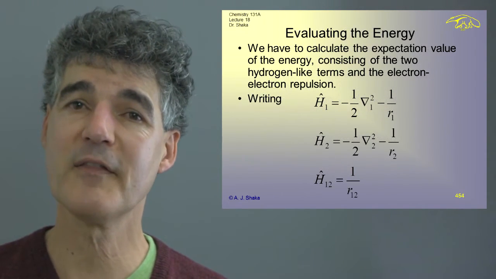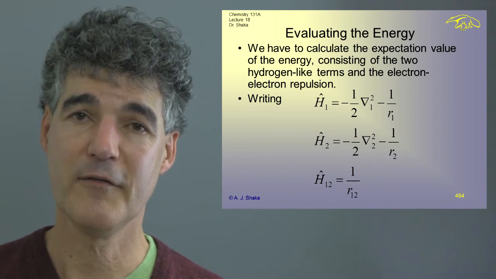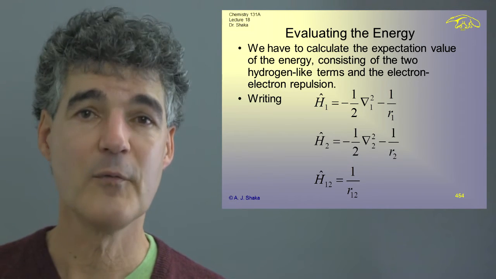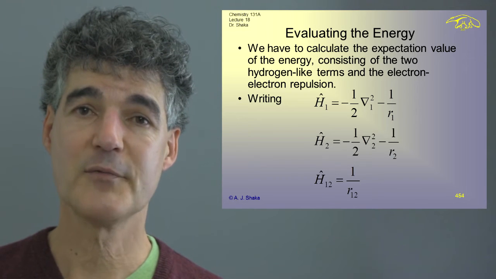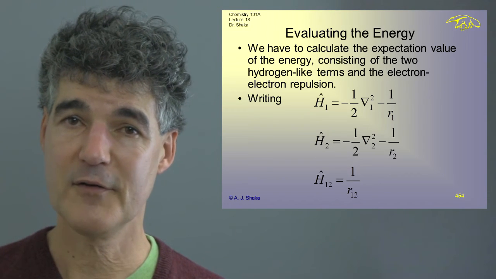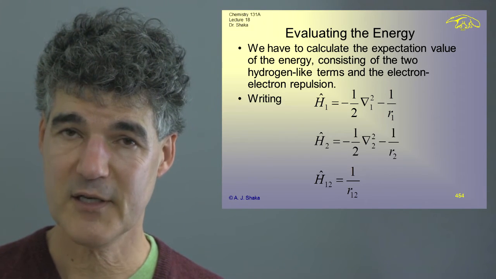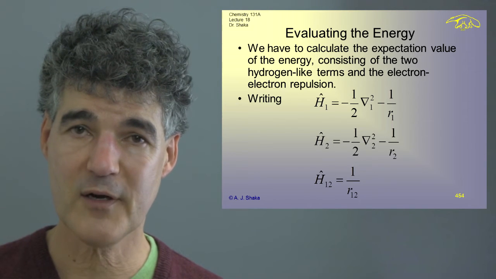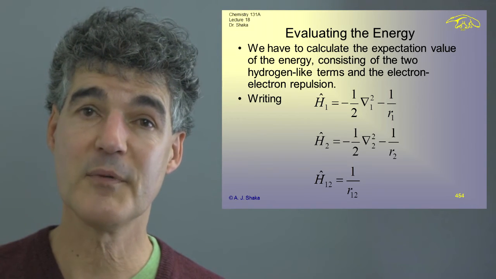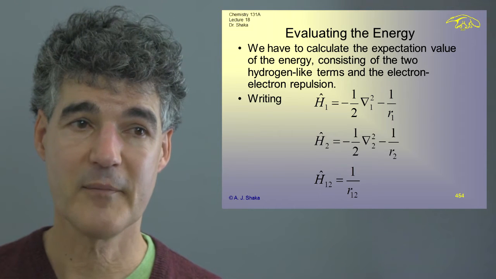Now we have to calculate the expectation value of the energy with this wave function. And that means we have to do the two hydrogen-like terms, each electron interacting with the proton, and then we have to do the darn repulsion integral again.